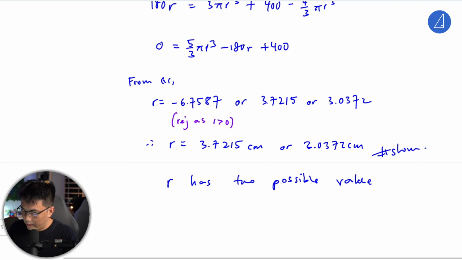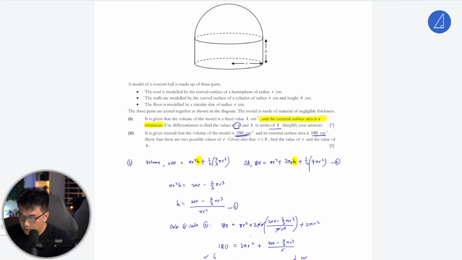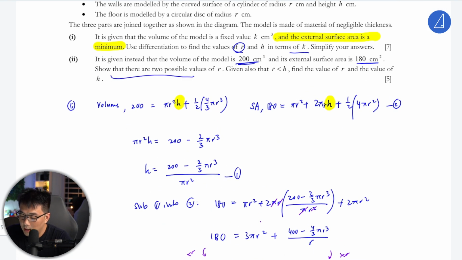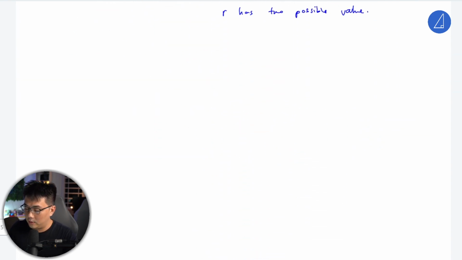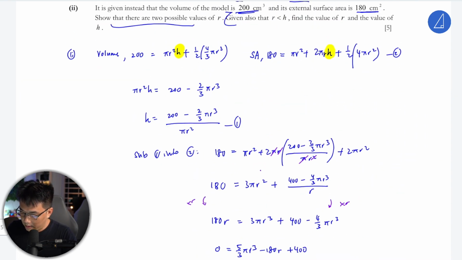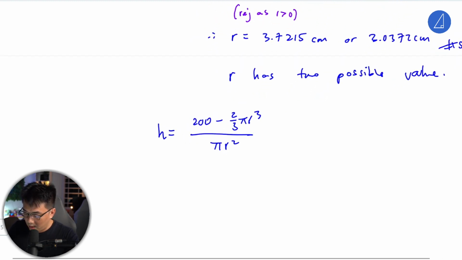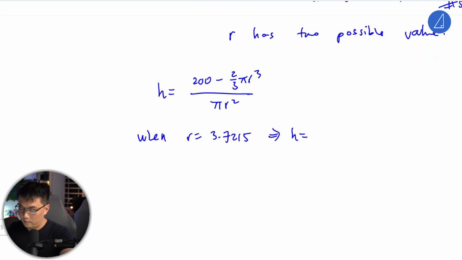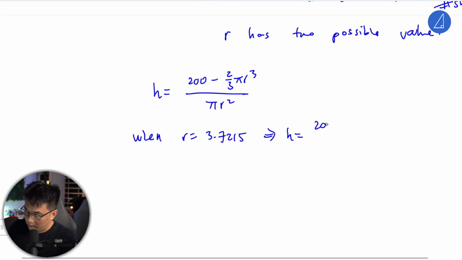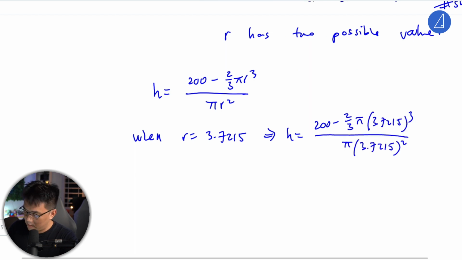Okay, then after which we need to find out, R has two possible values, right? Shown two possible values. Then given that R is less than H, find the value of R and the value of H. So using this formula here, H equals, when R equals 3.7215, then using this formula, just key in the calculator, 200 minus 2/3, just key in here.